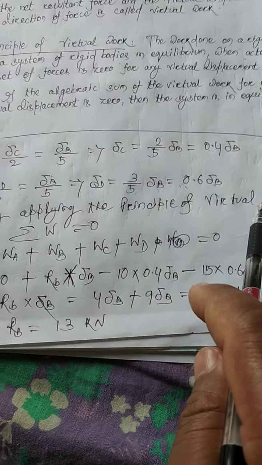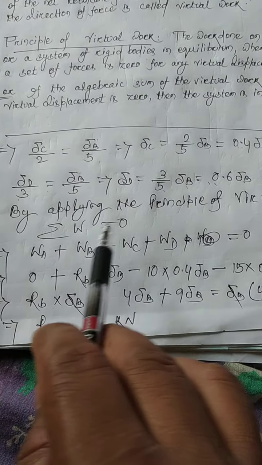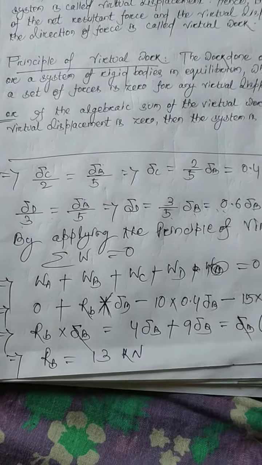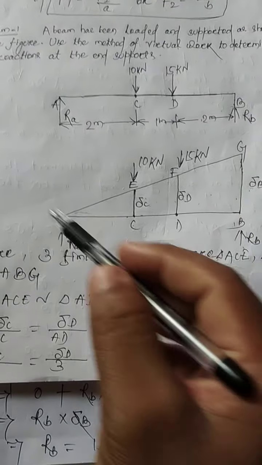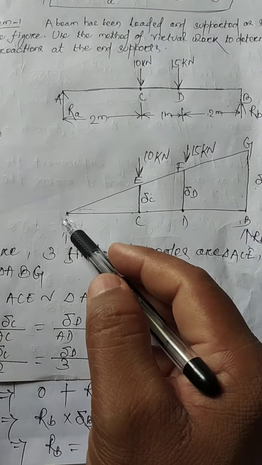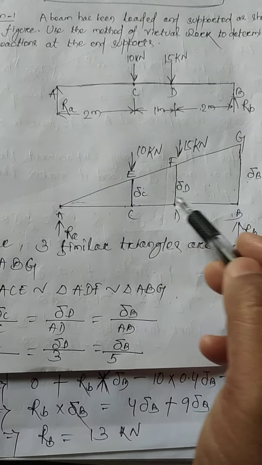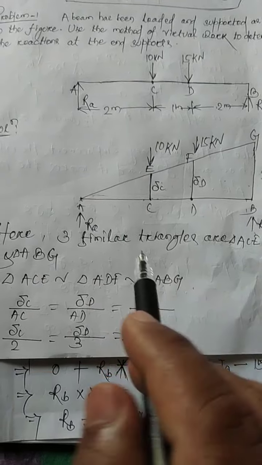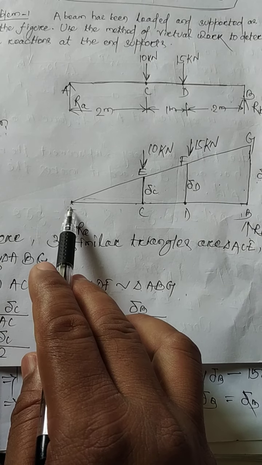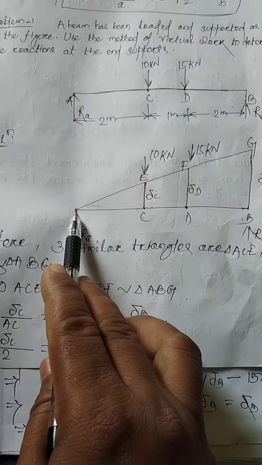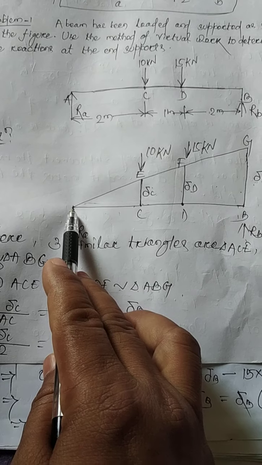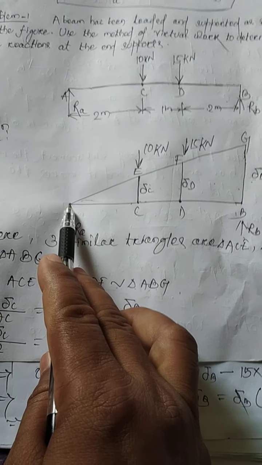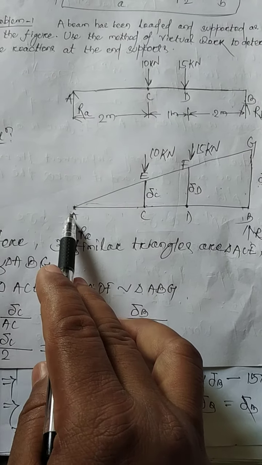Now by applying the principle of virtual work, that is sum of W is equal to 0. Now look into the diagram here. See what is the total work done. At point A, point C, point D and point B, there are 4 work done terms. But as we have considered that point A is held, there is no imaginary displacement, so the work done at A is 0.